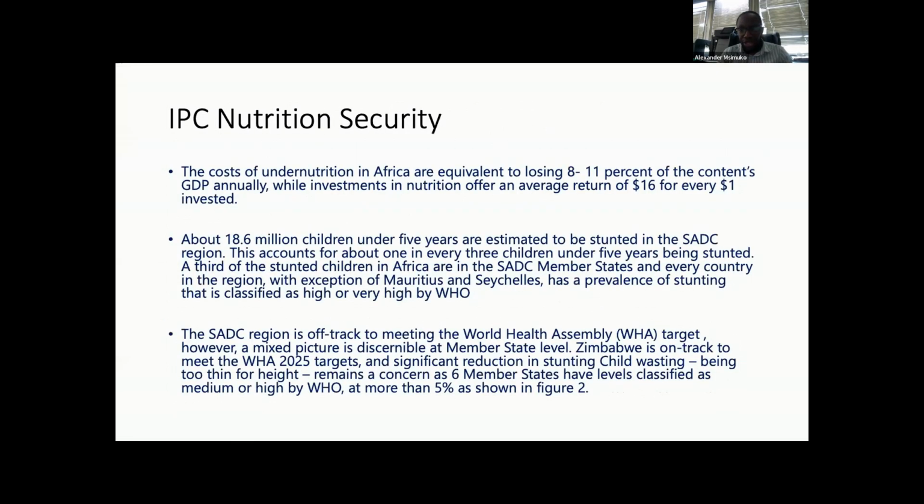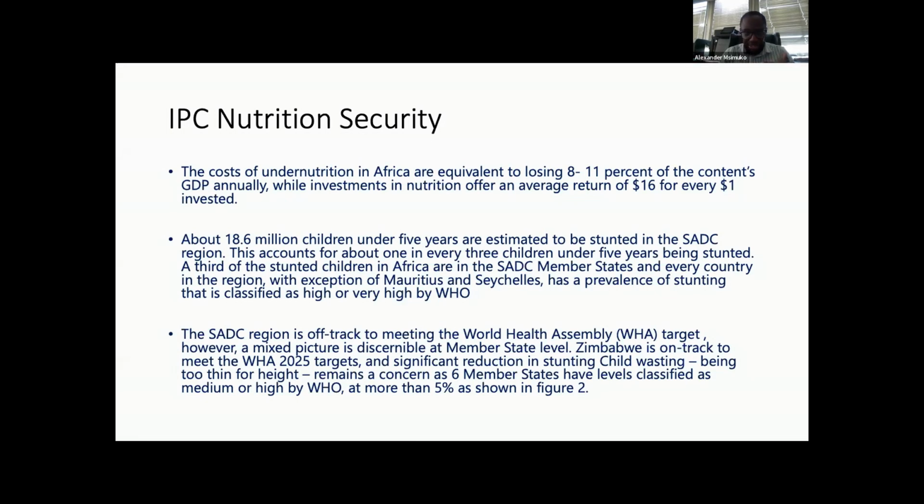I also wanted to show a small snapshot of what the IPC nutrition security looks like. About 18.6 million children under 5 are estimated to be stunted. This represents about 1 in every 3 children in the region under the age of 5. So this gives you a picture of how big the situation is.